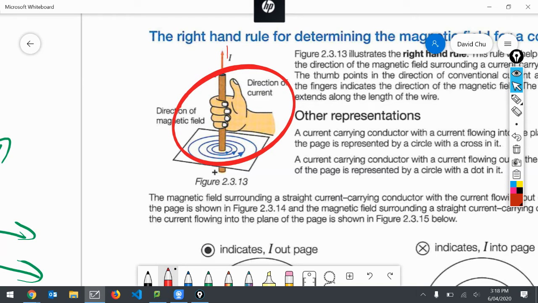Your thumb points along the current, since your fingers are going around in that direction, the field lines are going to go anti-clockwise about the wire. So let's go over to the camera and use that to illustrate better.